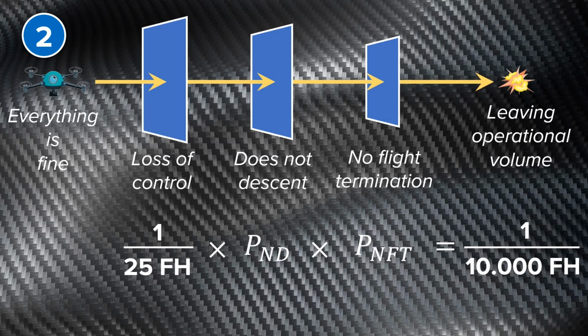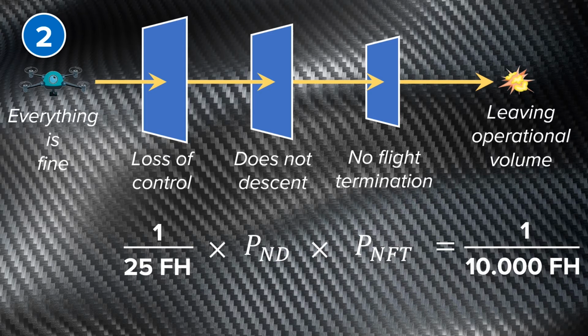Now, this may seem low, but keep in mind that this includes fairly frequent events like loss of radio contact, erratic flight because the compass was not calibrated in a new location, and flight in too high wind speeds. Next is PND, the probability of not descending if a loss of control event happens. In most cases, the aircraft will come down, but not always.